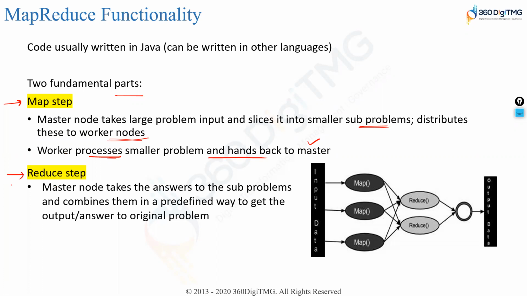Then we have something called a reduce step. Right? This reduce step takes the information or data that is available here. The master node takes the answers to the sub-problems from the map step, and we combine all those answers into a specific format to get a final answer to the original problem.